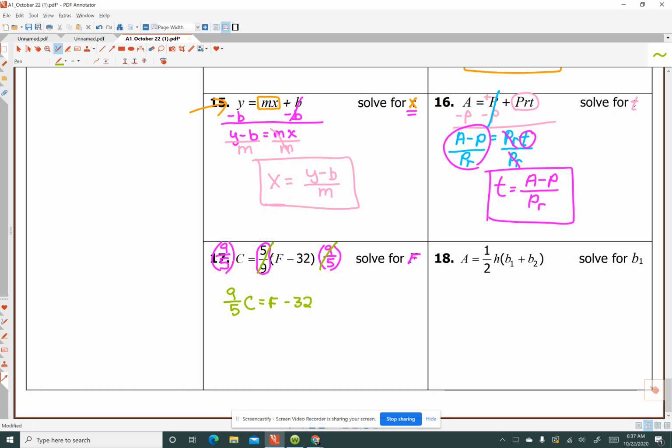Okay, at this point, it's okay for me to omit those parentheses. So now let's remind ourselves, we're solving for F. What is happening to F? 32 is being subtracted from F. The opposite of subtracting 32 is adding 32, which we will do to both sides.